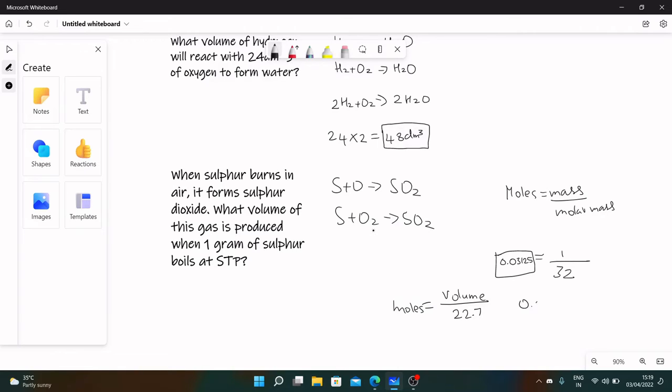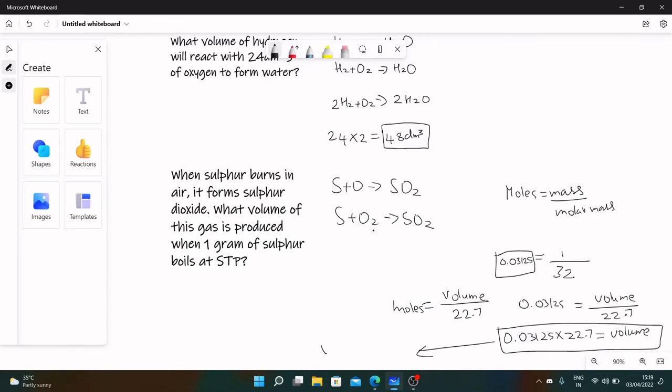So 0.03125 equals volume by 22.7. So if we multiply 0.03125 with 22.7, we should get the volume we want. If you do this calculation, you will get your volume value as 0.71 dm cube.